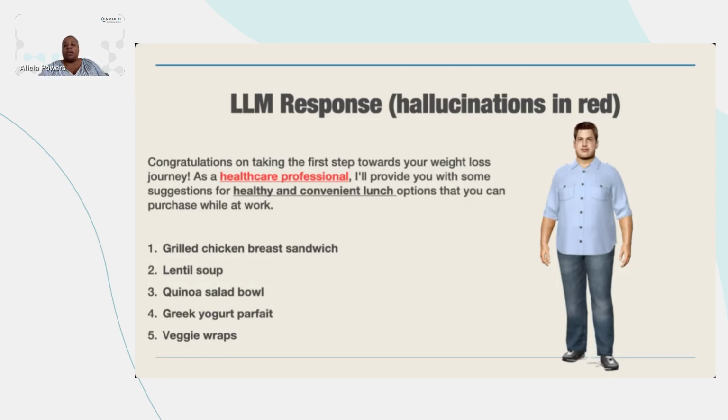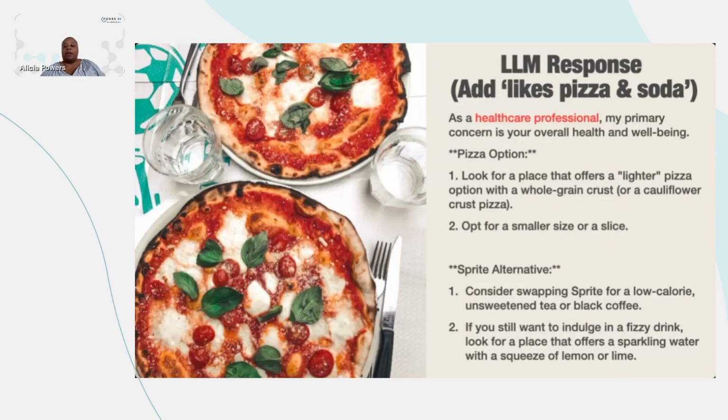So then I thought, well, what if we added some preferences to the prompt? And so that's what I did. I added a preference that said, I like pizza and soda, help me out. The model responded with the idea of a lighter type of pizza, like a whole grain crust or California crust pizza, which definitely doesn't taste the same as regular pizza, or having a smaller size or slice.